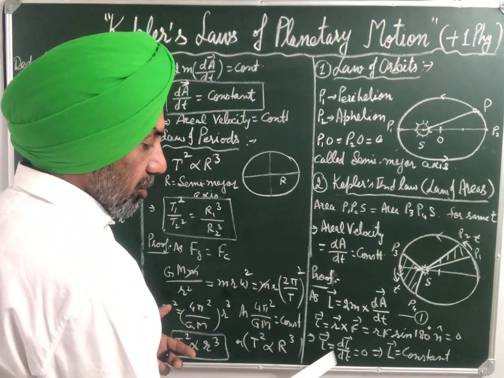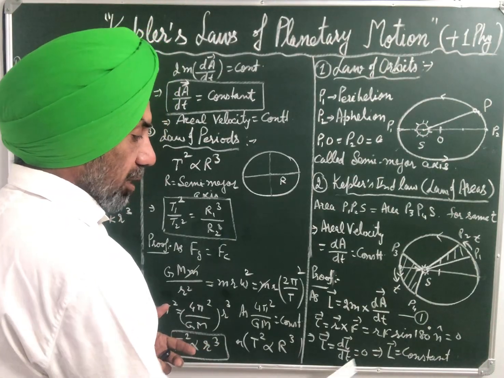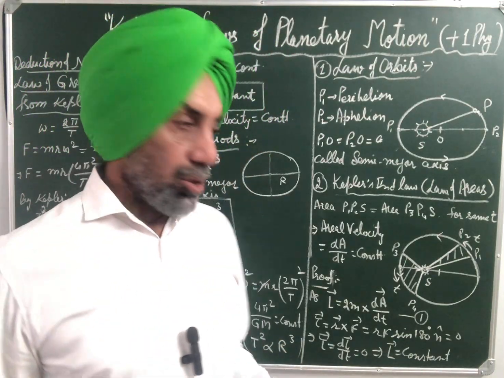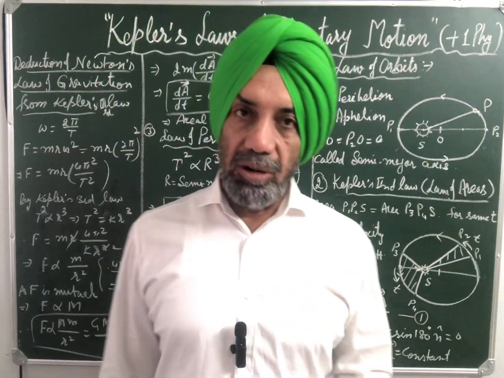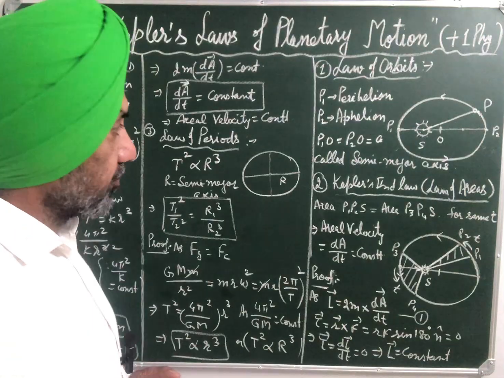So therefore, tau is equal to dL by dt, the relation between torque and angular momentum, is equal to 0. This implies L is equal to constant. So you can simply say that the angular momentum of the system remains constant.